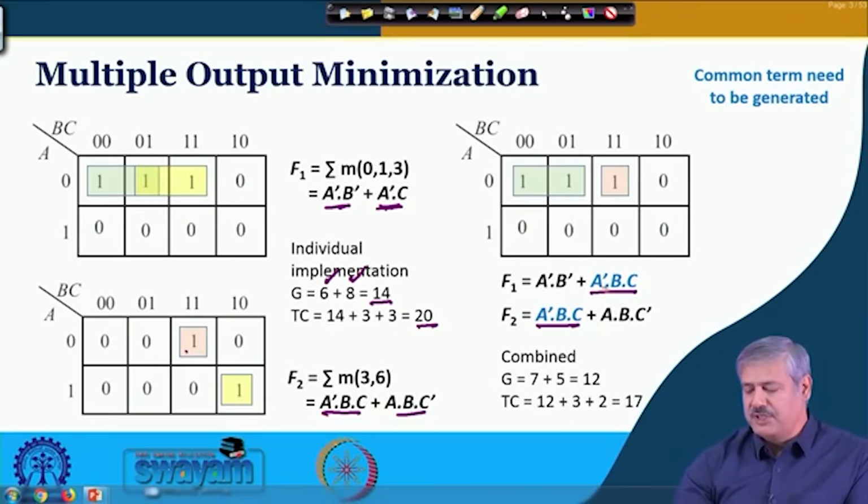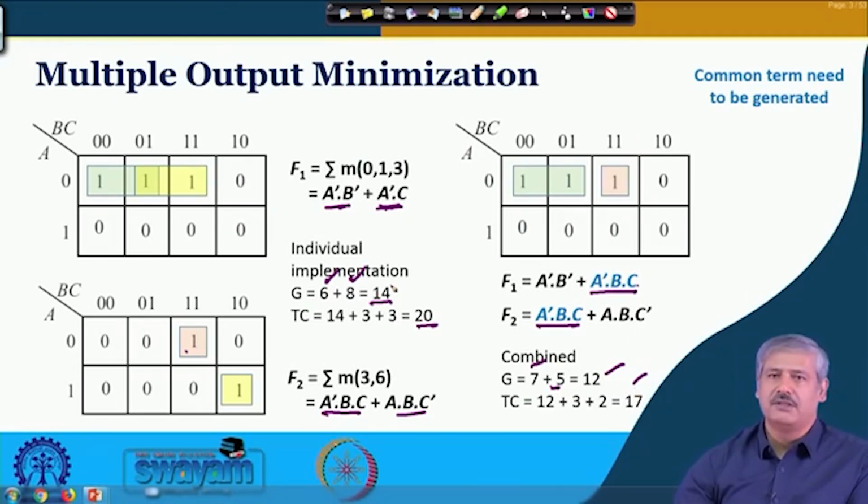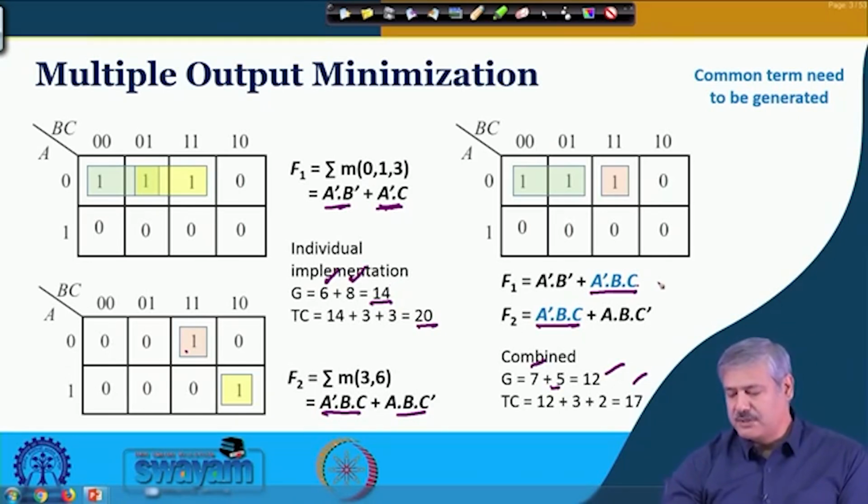In the first case 1, 2, 3, 4, 5, 6, 7, in the second case 1, 2, 3, right, and there are 2 terms, 4, 5. So, 7 plus 5, 12, because A prime B C is already generated in the first case. So, the total gate count cost is 12 and this is 17. If you compare, you can see that you are in gain. Okay. So, it is less costly. So, it is to be realized in this manner by this expression, not by individual. Okay.